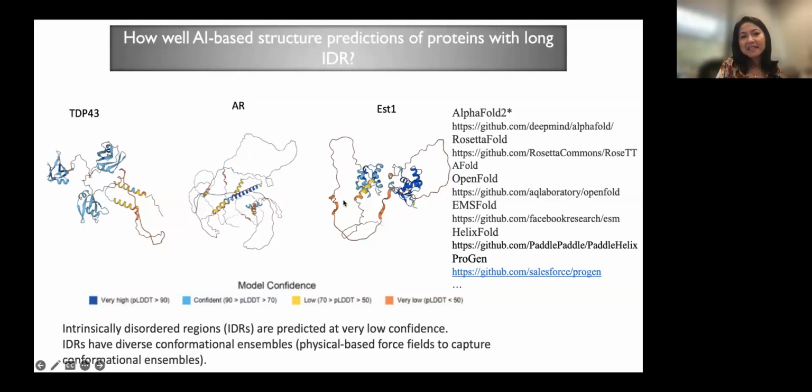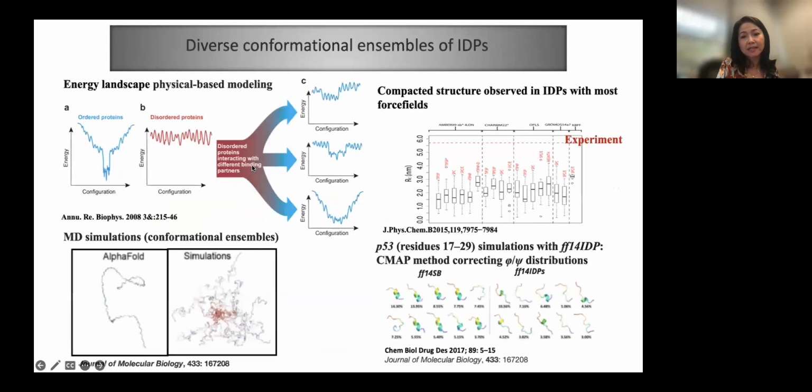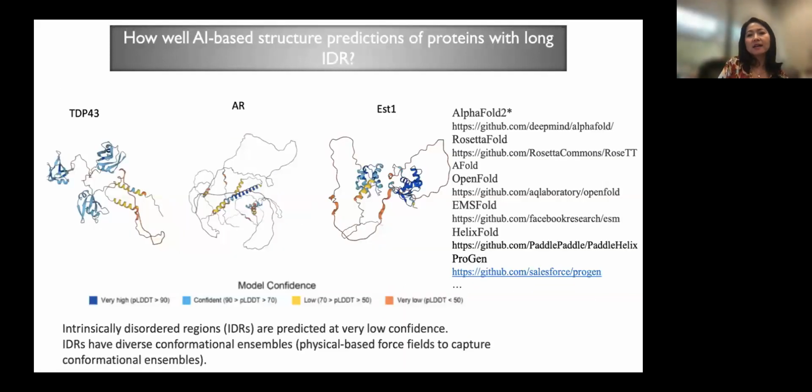Well, you can see in the sample that I show here that the TDP-43 that is known to be associated with ALS, androgen receptors associated with prostate cancer, and the S1 transcription factor, which I talk a little bit more about.